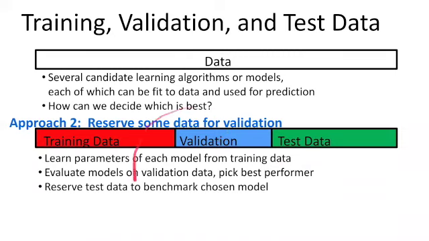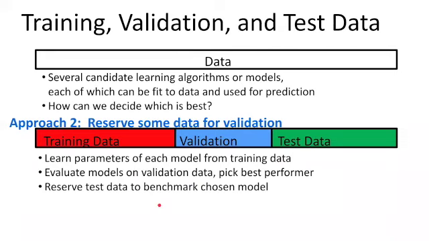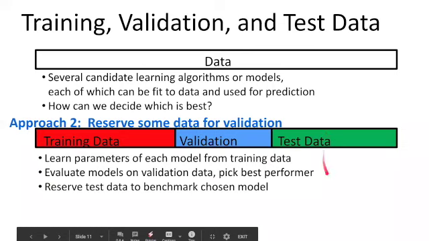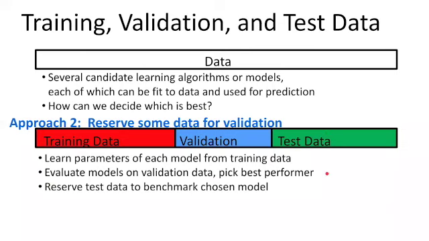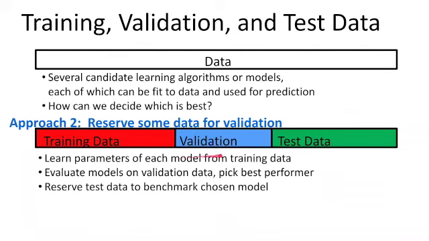Once you pick the best performer, you evaluate it on the test data sets, and that is going to be a more objective performance evaluation that usually generalizes well on other unknown test data sets. So that's the practice. I highly encourage everyone to follow this random three-way split of data into training, validation, and testing.